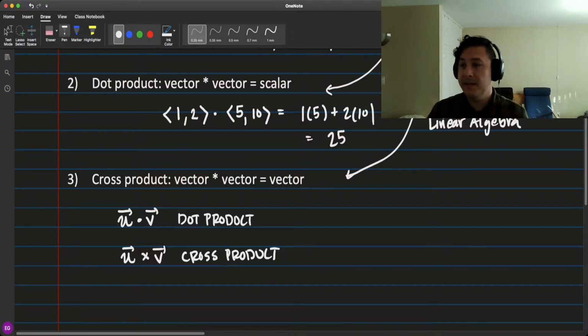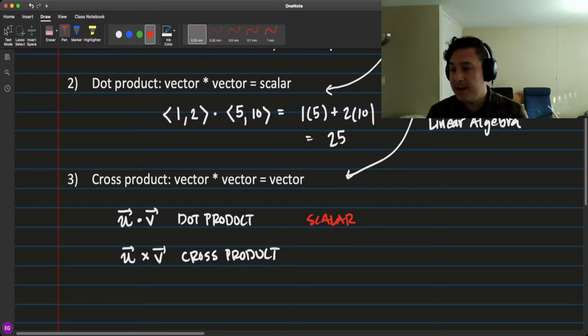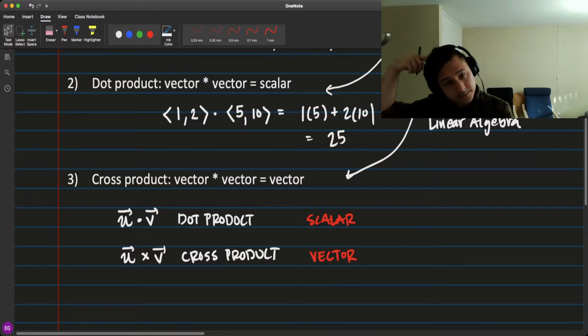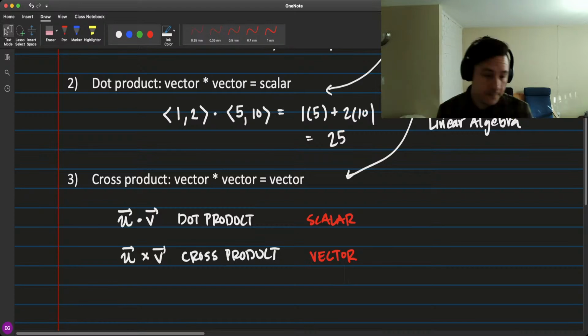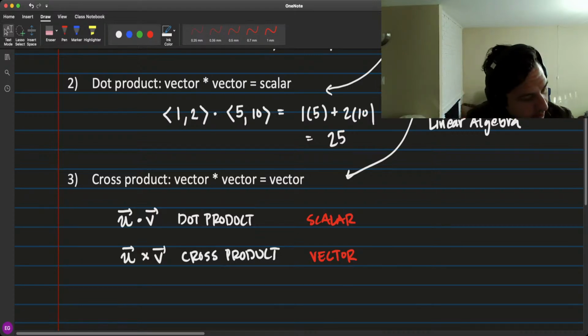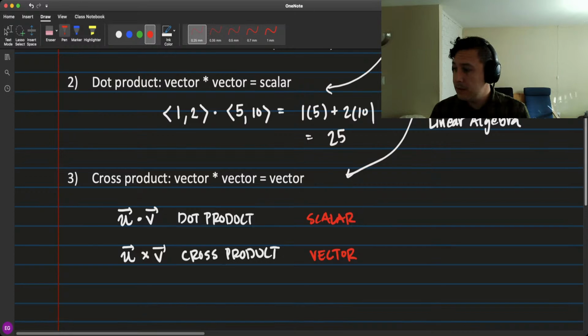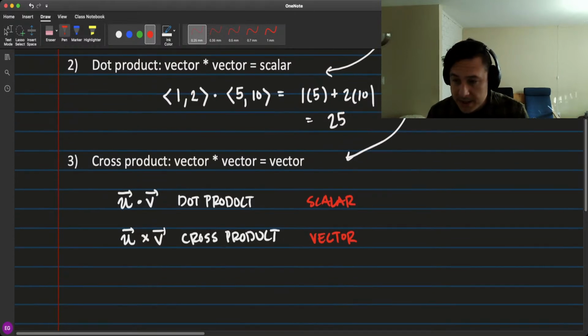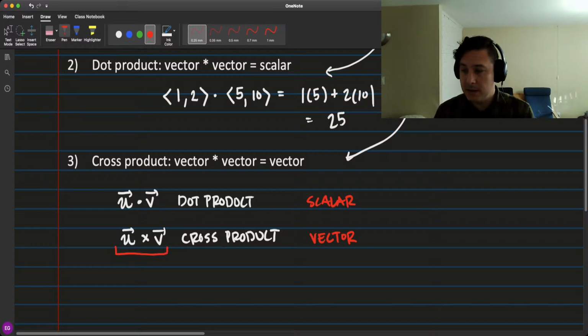The dot product gives you a scalar. The cross product is going to give you another vector. There's something special about the vector that you get. We call this the cross product, and it is going to be some other vector.